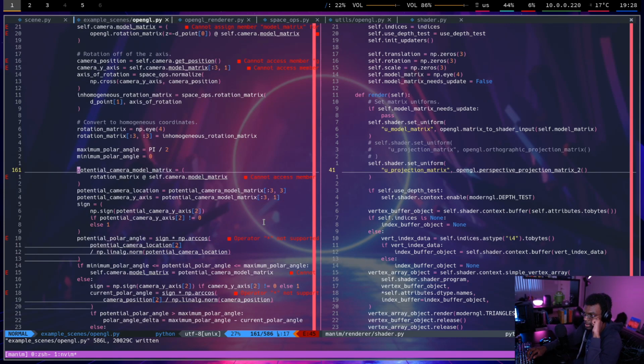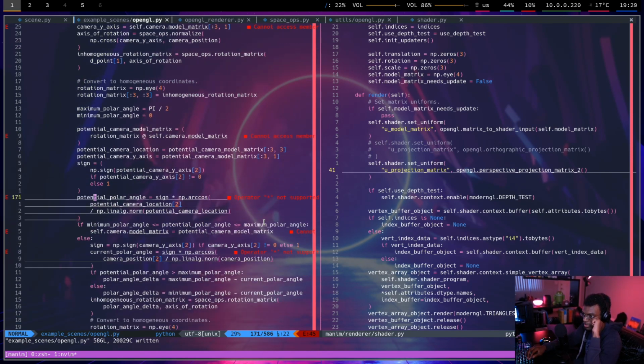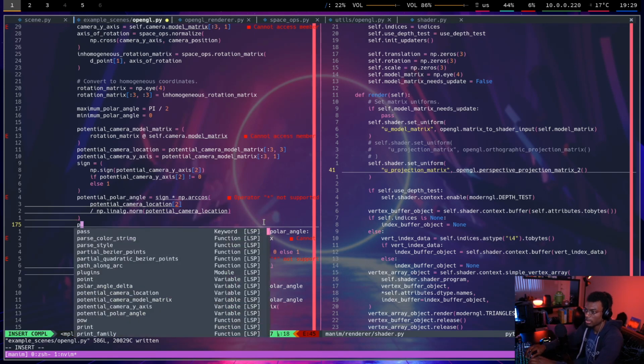So what it's doing is multiplying the camera's model matrix by this rotation matrix, but it's not writing that to the camera's model matrix. Instead, it's just using it to check whether or not that angle will end up being too much. So I guess I'll print this one.